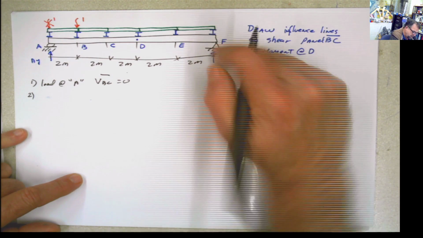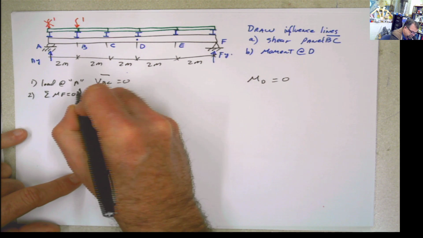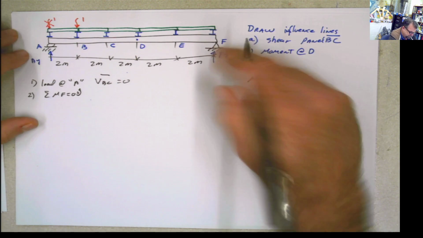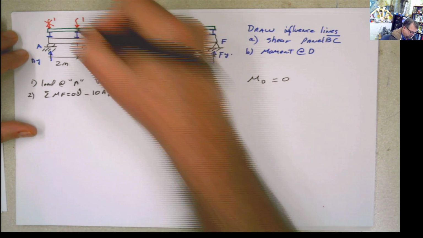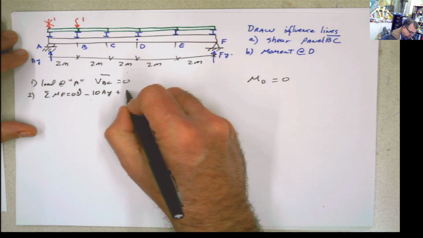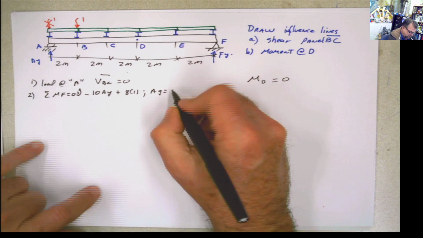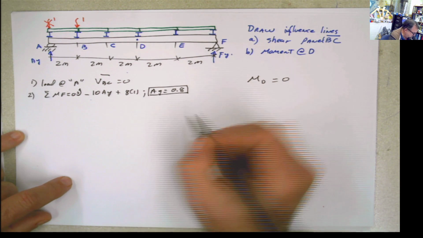So summation of moments at F for the global reactions equals 0. I'm going to have AY multiplied by 10 negative plus 1 multiplied by 8, meaning AY is going to be 0.8. There you go. Reaction 0.8.